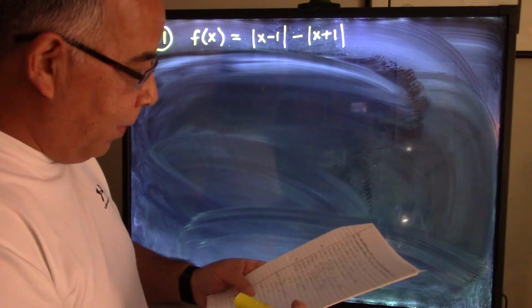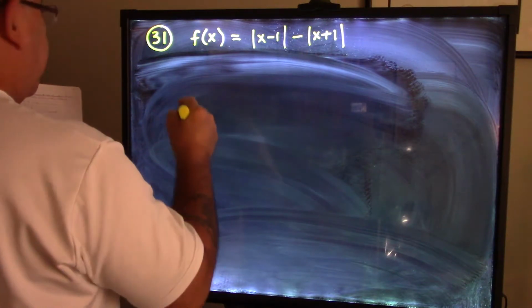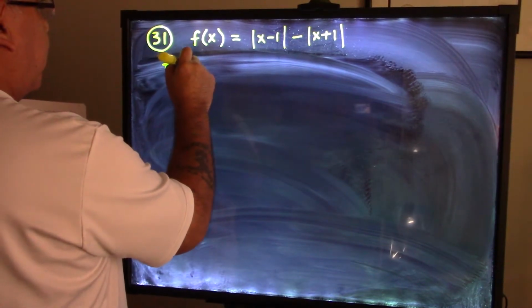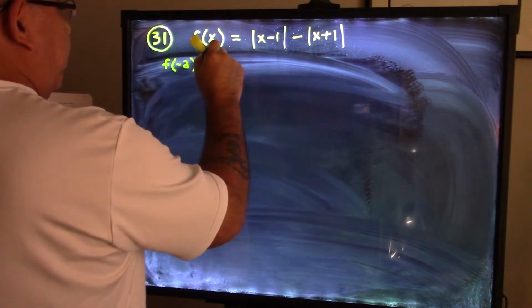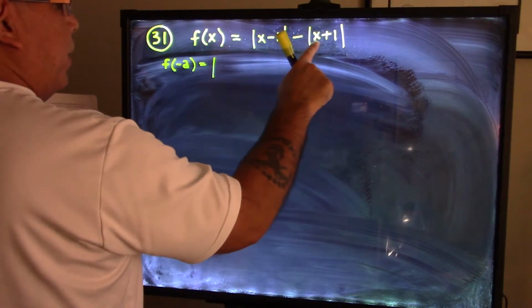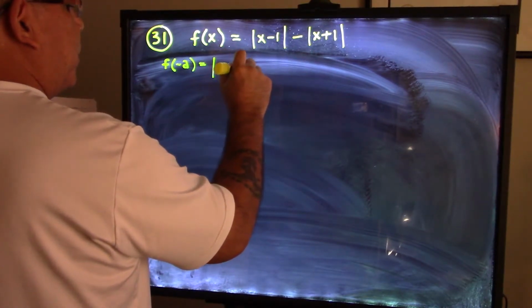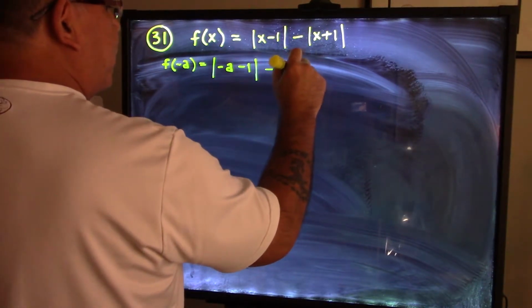Okay, f of -a. That equals negative a here and here. All right, so you've got absolute value of negative a minus 1, minus absolute value of negative a plus 1.